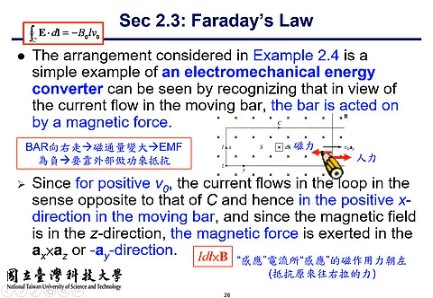Based on the Biot-Savart law, this magnetic force is pointing to the left. Which means if you want to move the bar to the right, you need to provide some work to work against the magnetic force. So you need to do some work so that you can convert the mechanical energy into electrical energy.